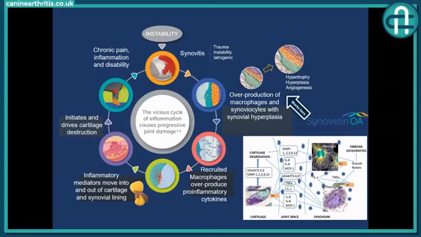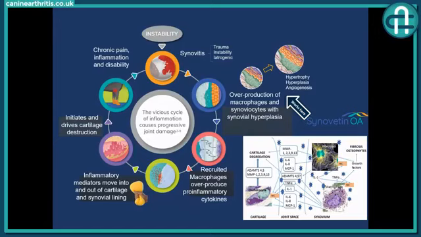The -itis, as you were taught way back in first year of veterinary school, refers to inflammation. And that's exactly what happens. You get an inflammation of the synovial intima, the lining of the synovial joint, and that lining typically is about 2 to 3 cells thick.